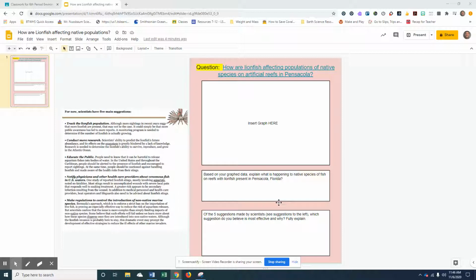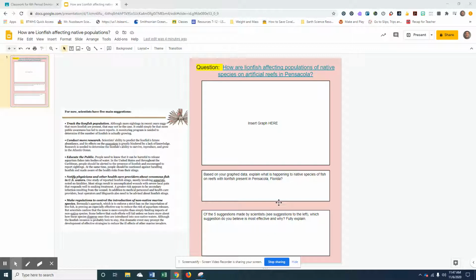In this assignment, we're going to be seeing how lionfish are affecting native species. A native species is the opposite of an invasive species. These are different organisms that should be here in Pensacola, right? They are native to this area, and you will find them in the waters off of Pensacola.